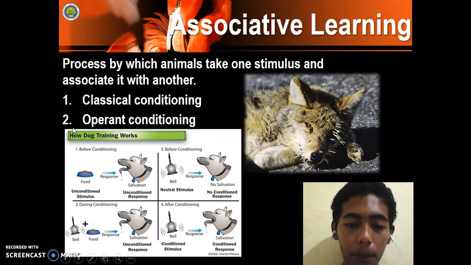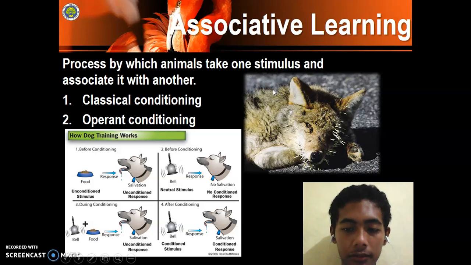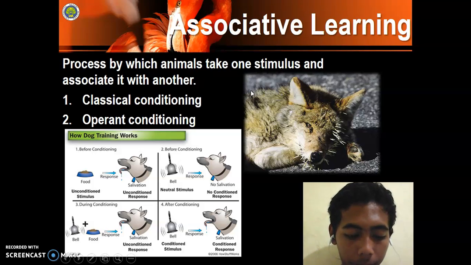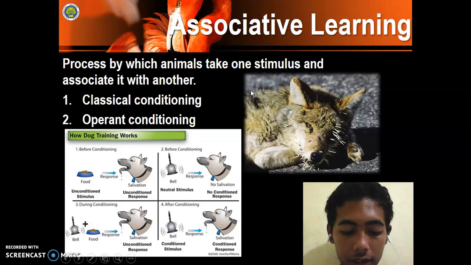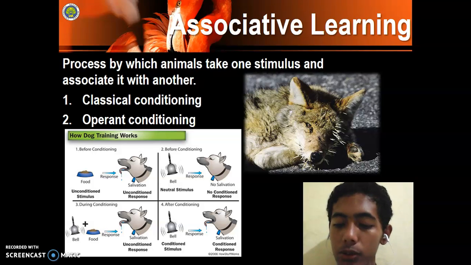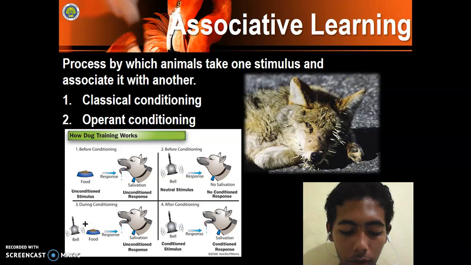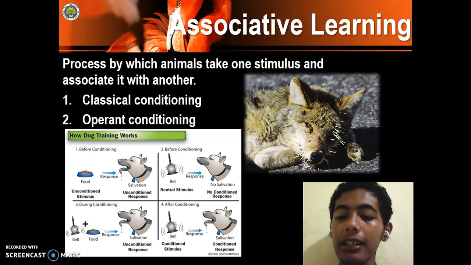The second is operant conditioning. Operant conditioning is a form of learning where a conditioned stimulus becomes associated with an unrelated unconditioned stimulus in order to produce a behavioral response known as a conditioned response.